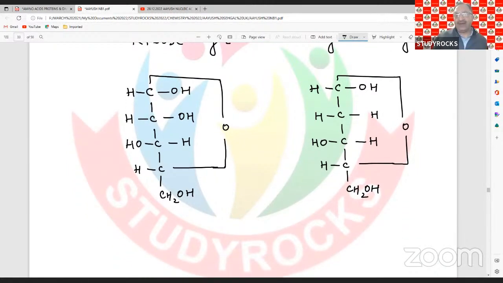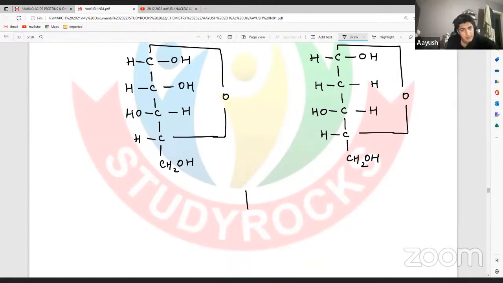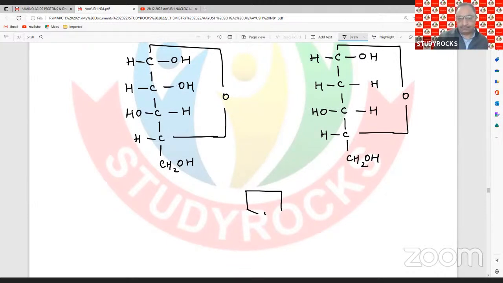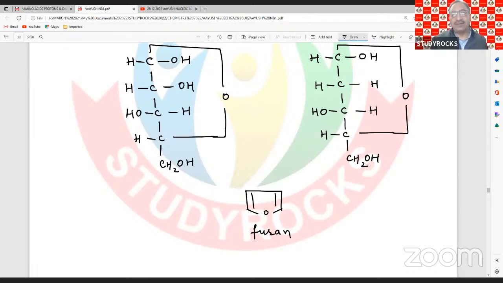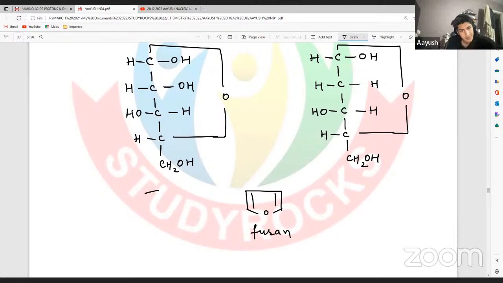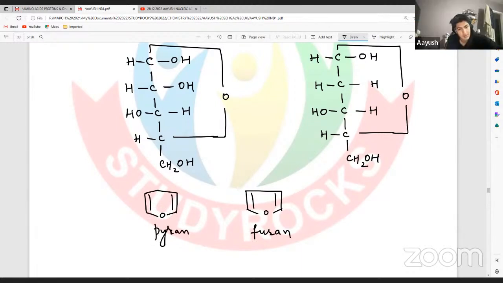Now this is a 5-member ring. You understand? 4 members are carbon and the 5th is oxygen. And you know this structure. This is furan. It's a heterocyclic ring of 5 atoms in which 1 atom is oxygen. And in glucose, you have studied this, pyran. This is furan.